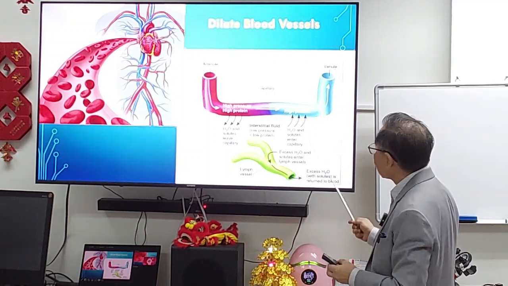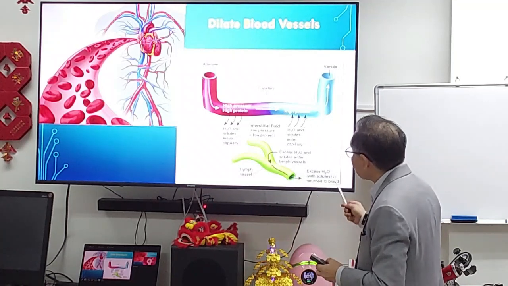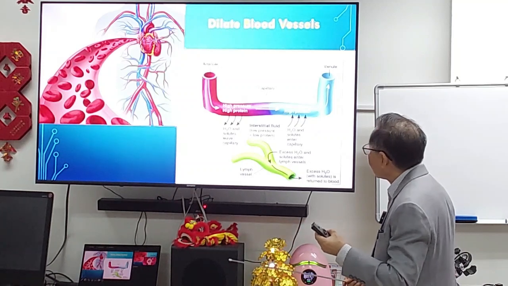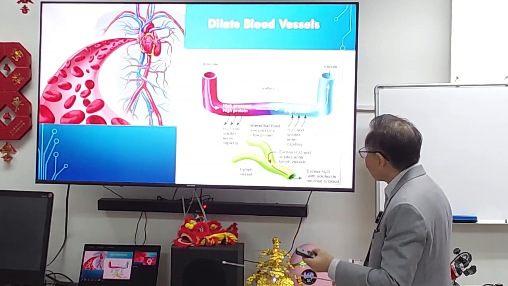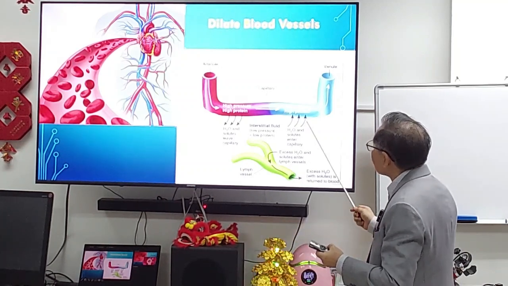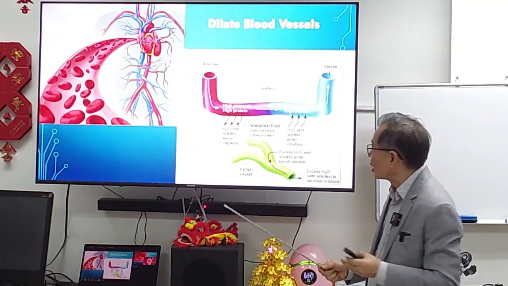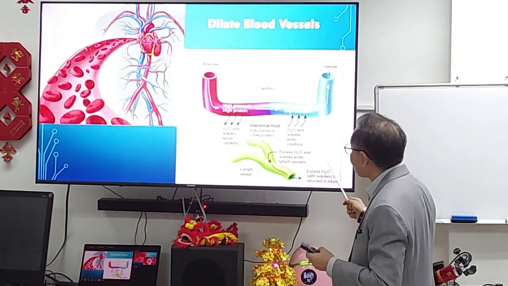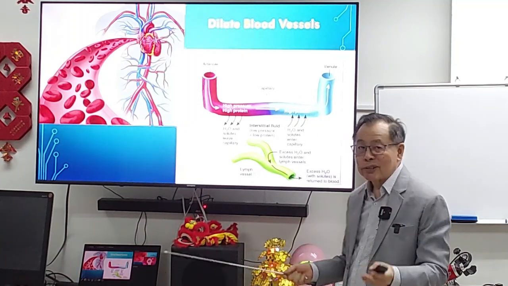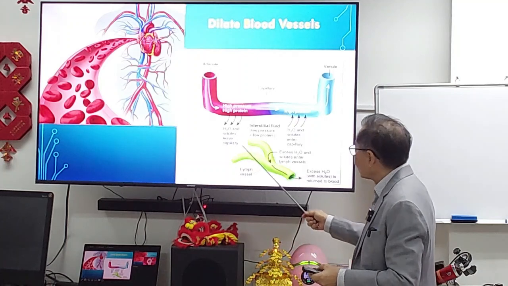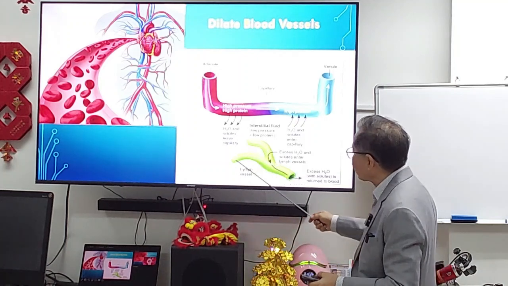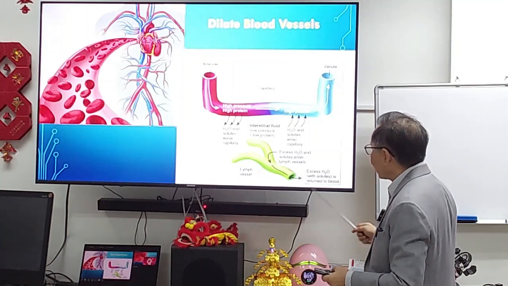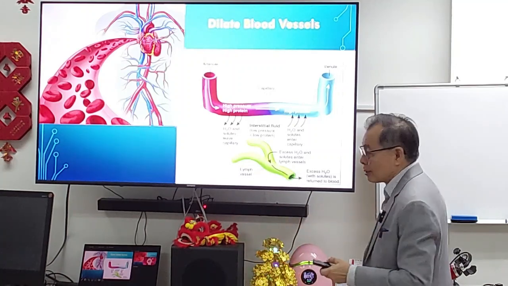What enters the veins is the wastewater that carries carbon dioxide, waste products, and all the things that are not wanted by the cell. But because the veins are a low pressure system, not all fluid automatically goes in. Not all the waste products automatically go in. There's a lot of fluid and a lot of waste products around, and so you have lymphatic vessels, which are like drainage pipes that drain off all the excess water, all the waste products, all the carbon dioxide back into the heart.